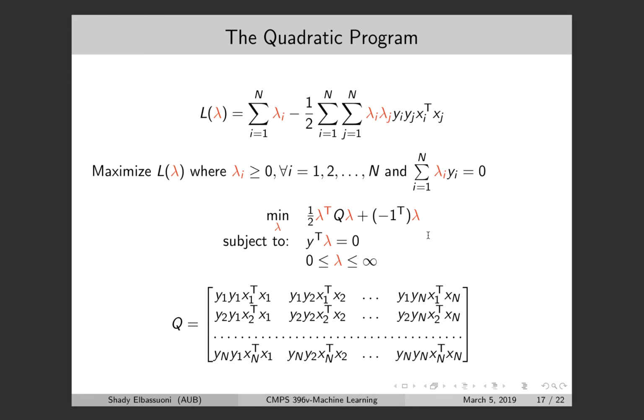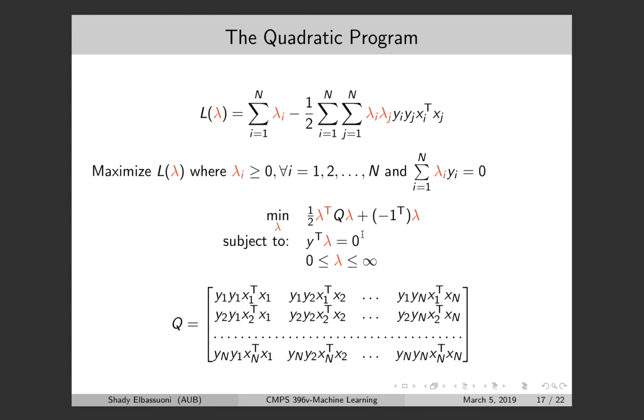Now, I want to minimize half lambda transpose Q lambda plus minus 1 transpose lambda. That's exactly the same as the above objective function. And subject to, I have summation from i equal 1 to n lambda i yi is equal to 0. That's in vector form: y transpose lambda is equal to 0.